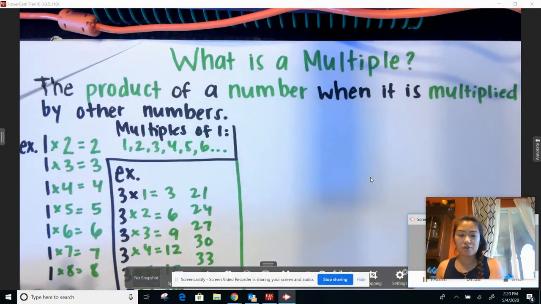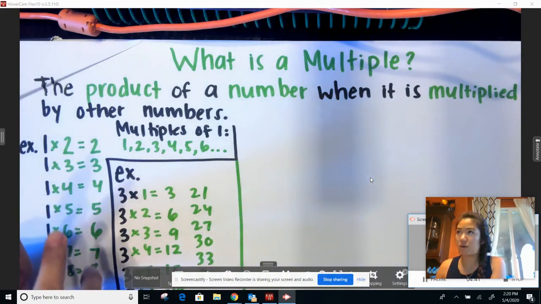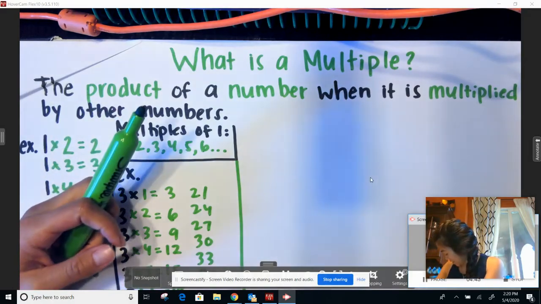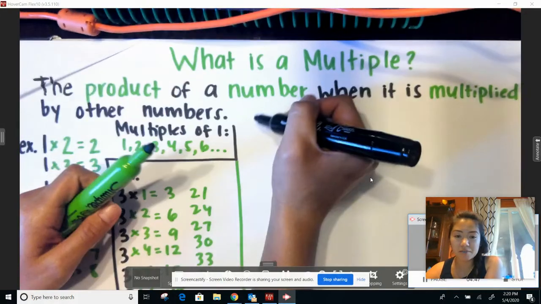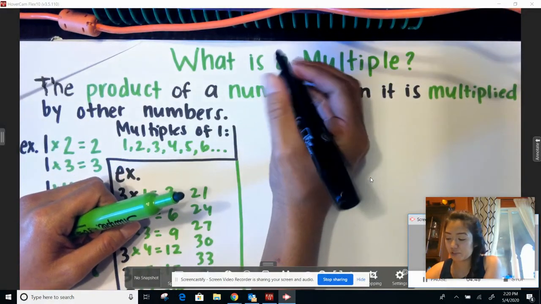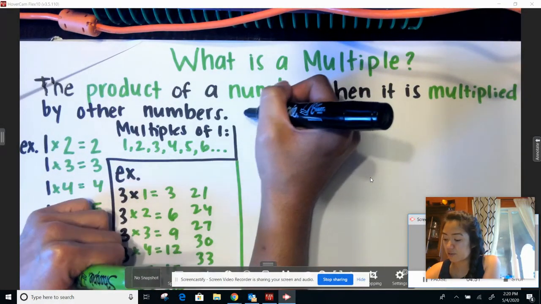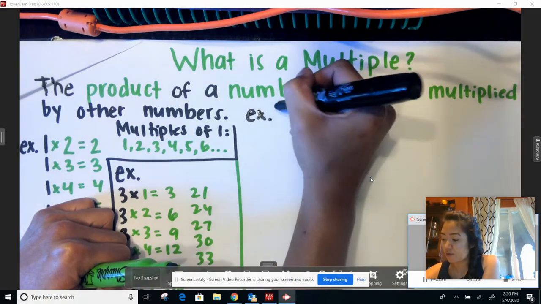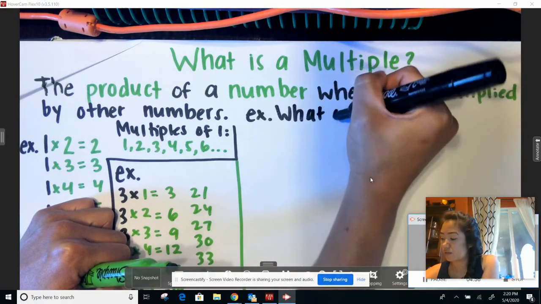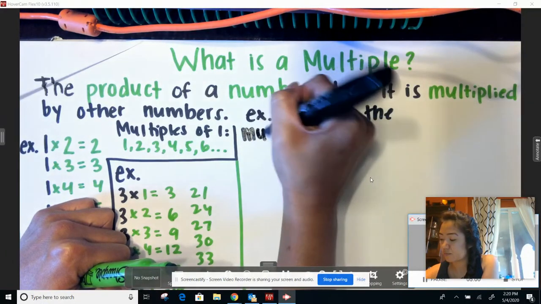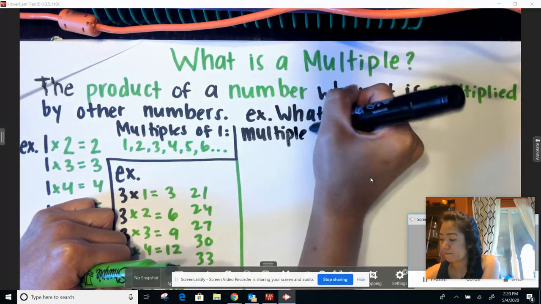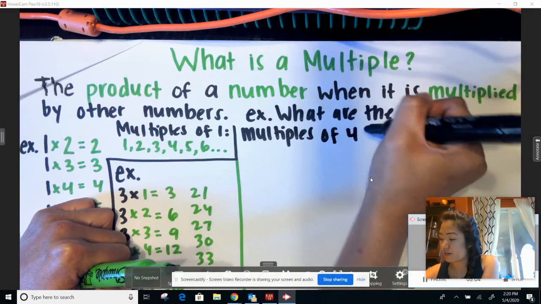And so on. Let's go ahead and do our 4s. Instead of writing all this out, I'm just going to write my multiples out and sing the song. Here's my next example: what are the multiples of 4?